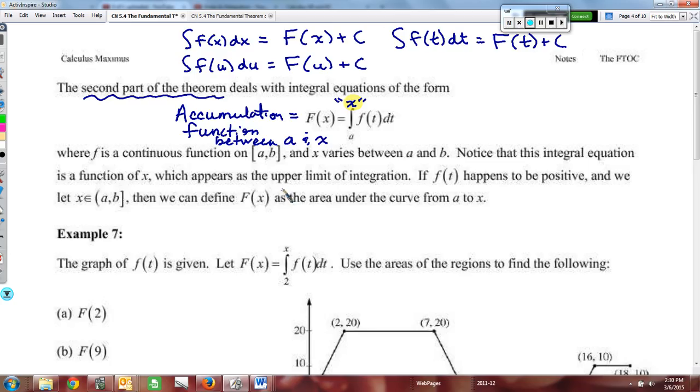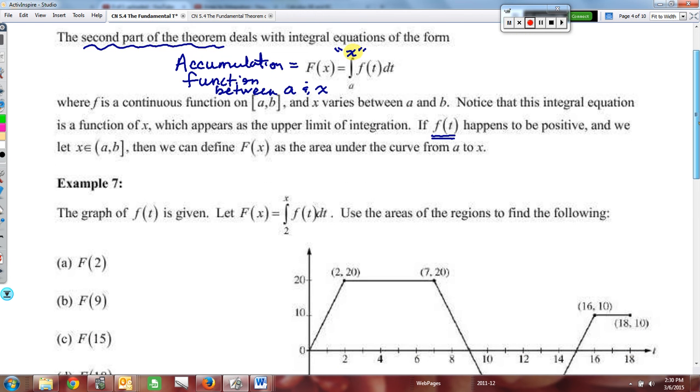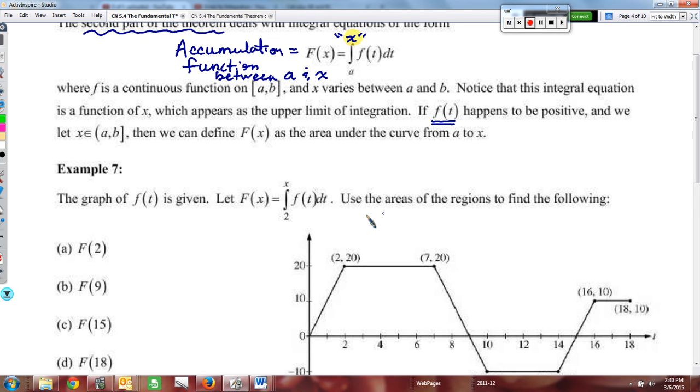All right. Now, for example, if the function f of t, the derivative that we're looking at, happens to be positive, then we can also define this function as the area function, but only if we know that it's positive for the entire time from a to x. But let's take a look at what happens here, and let's see why we're doing this. Okay, first off, let's prove that we have a function.